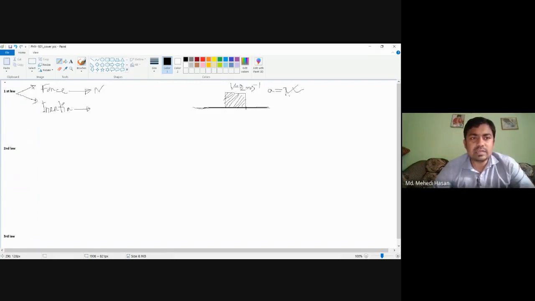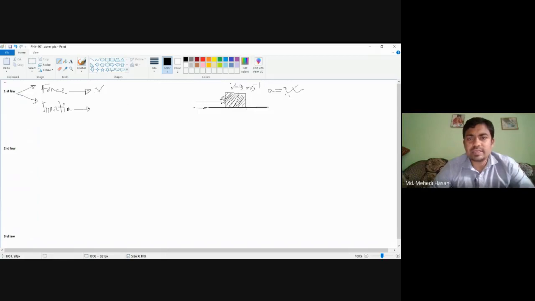And then inertia, which is also related to force. Initially if the object is in a stationary state, we can say there is no inertia. But if we apply a force on that object, either rightward or leftward, a resistance is produced which prevents the object from moving in any direction. This resistance is called inertia.